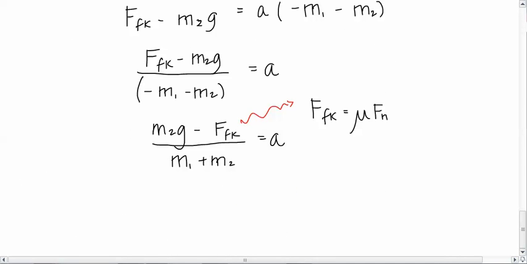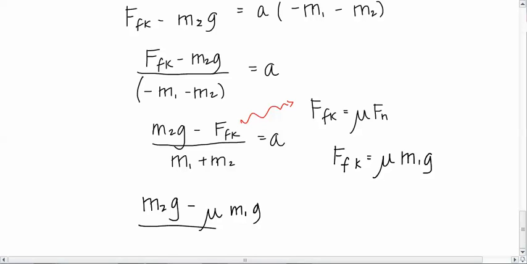So I can make a substitution there. The force of kinetic friction would be mu M1G. So then finally, in terms of all of our variables, we get this as our answer for our acceleration.